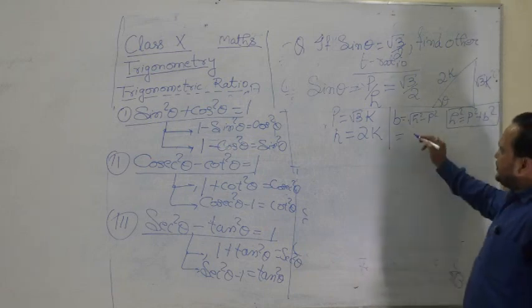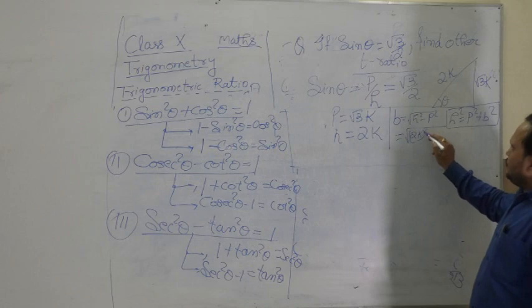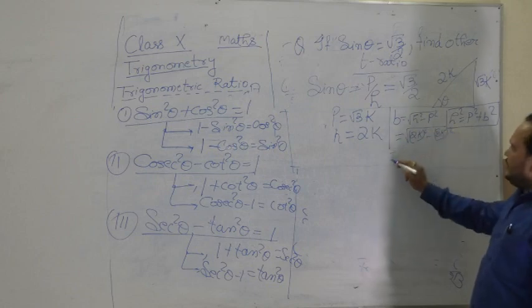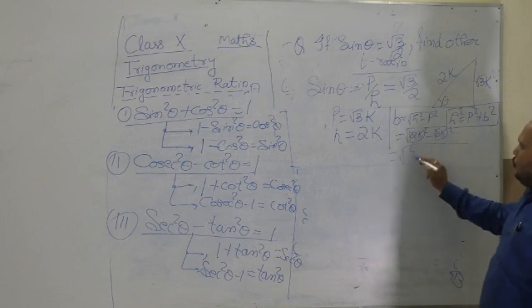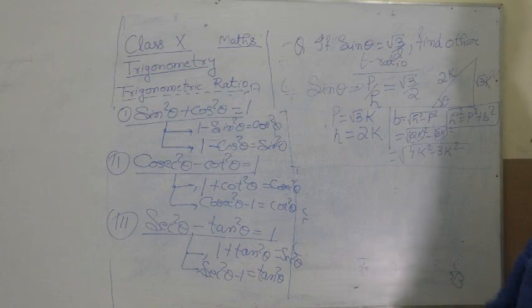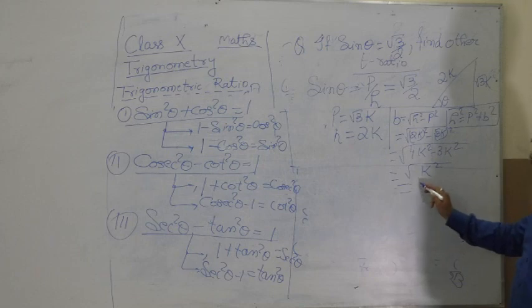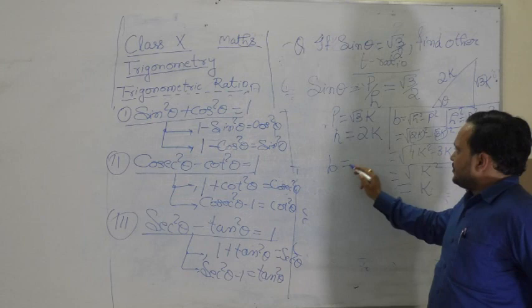It may be written as root under 2k whole square minus root 3k whole square, and it may be written as 4k square minus 3k square, and it becomes k square. The value of the base is k.